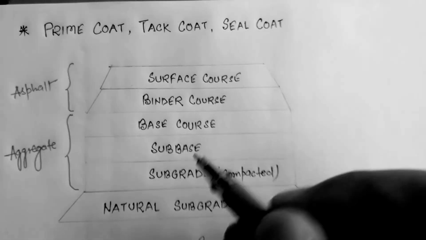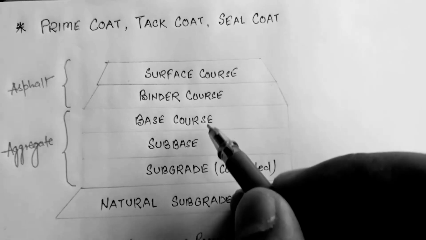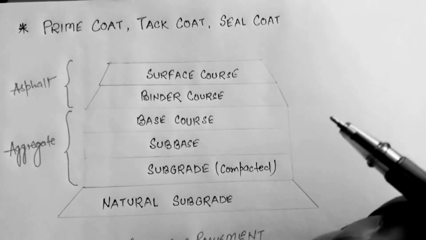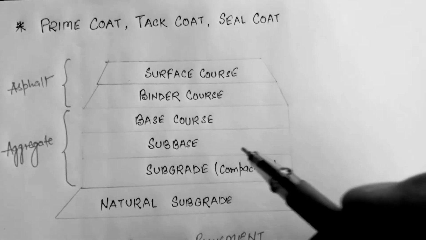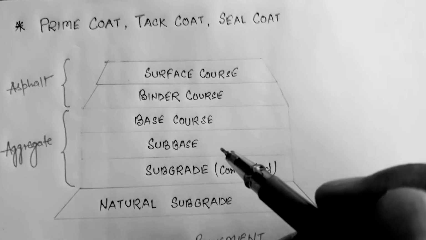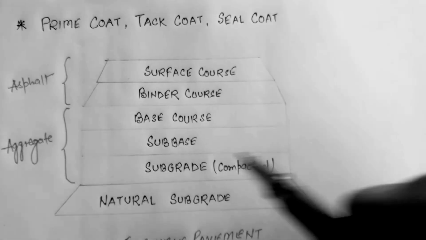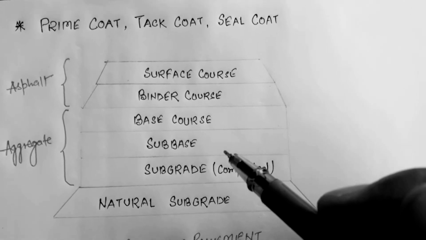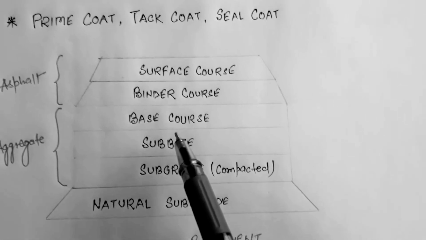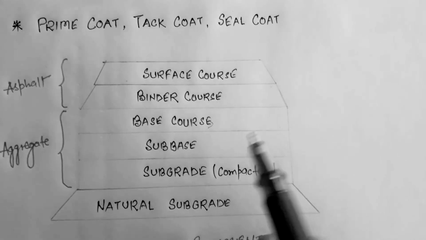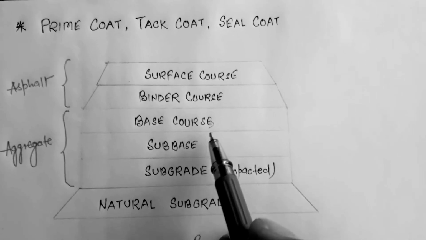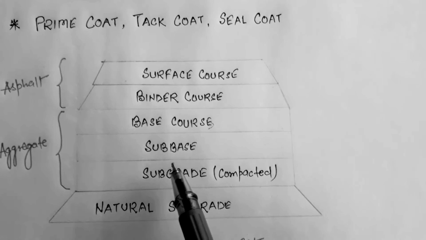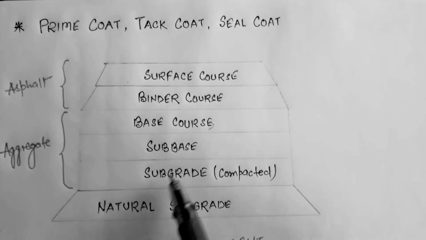Okay, in the next portion, base course is like your moram, red soil moram or sand, which is also a category of aggregate. So in this base course we will use a smaller size, again a process to fill up the gaps or voids of the sub base portion.